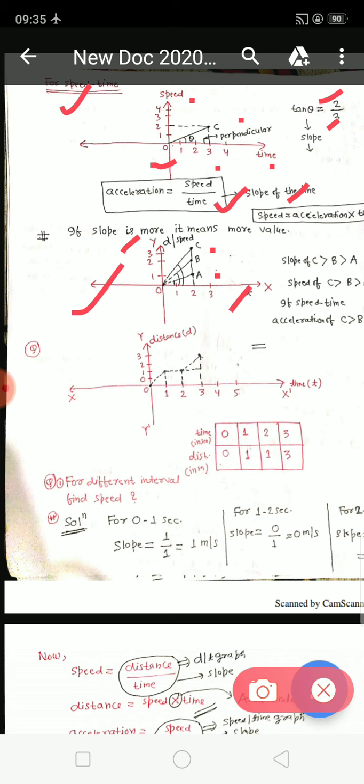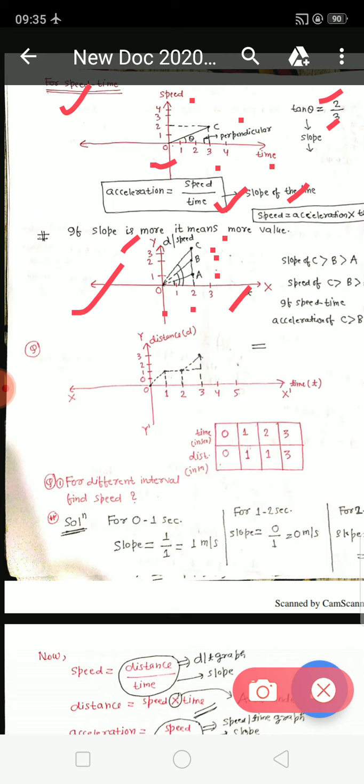So in these three objects, A, B and C, the time taken by all the three objects is 2 seconds only. You can see here 2 seconds is fixed for all these three, but the distance or speed, whatever is there, has been attained in a different way. A has attained some distance, B has attained a different distance and C has attained a different distance.